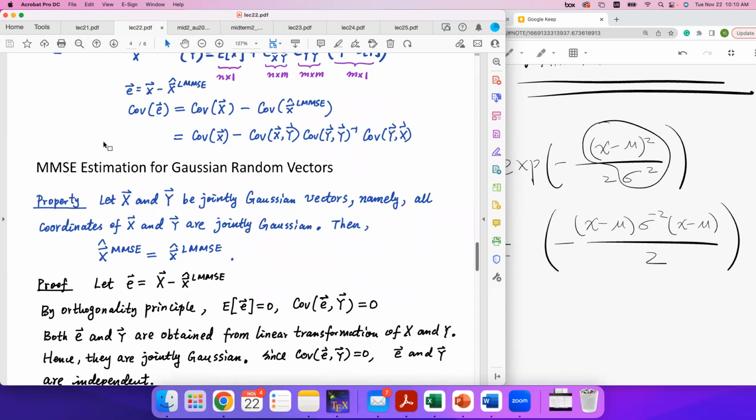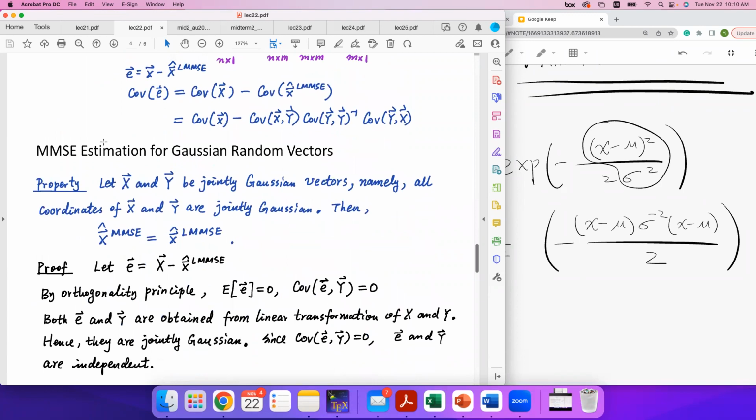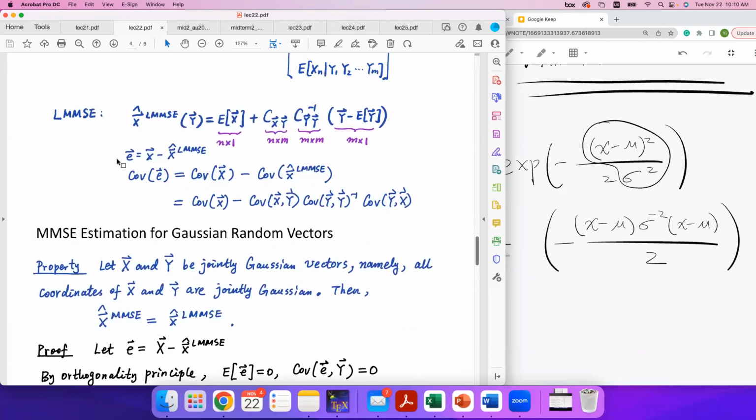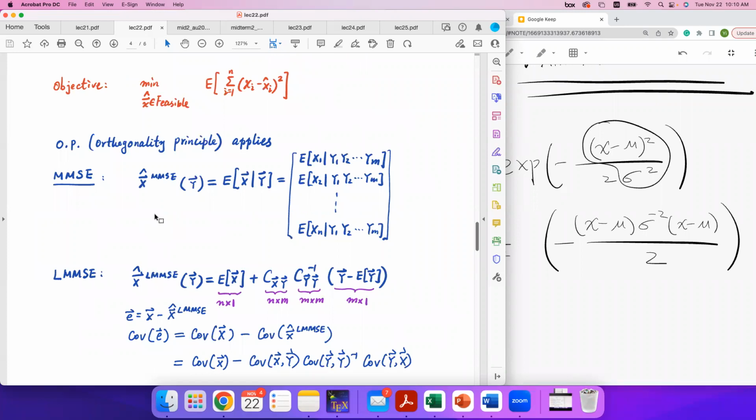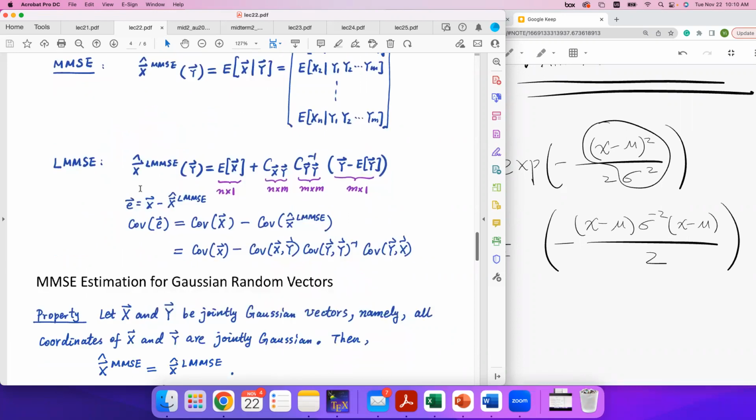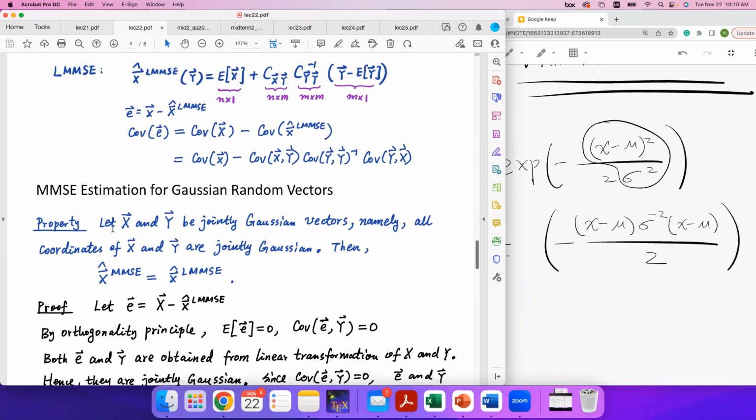But for Gaussian random vectors, this MMSE estimation can be simplified. I think in the one-dimensional case, we have the same result. In the one-dimensional case, we know that these two estimators are equivalent if the underlying random variable is Gaussian. And here we have the same conclusion. If x and y are jointly Gaussian random vectors, then these two estimators are the same.